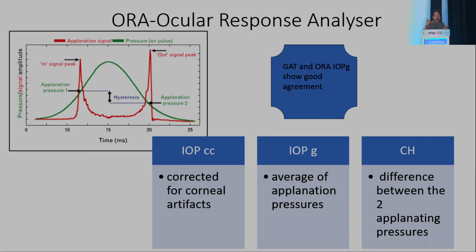That pressure is called applanation 1, and the pressure at that point is P1. Then when the cornea returns to its original position, the pressure reading at that time is applanation pressure 2, or P2. The difference between P1 and P2 gives the corneal hysteresis, and the average of P1 and P2 gives the IOP-G. IOP-CC, the corneal compensated IOP, takes into account all the corneal artifacts. It has been shown that GAT and the ORA IOP-G show good agreement.